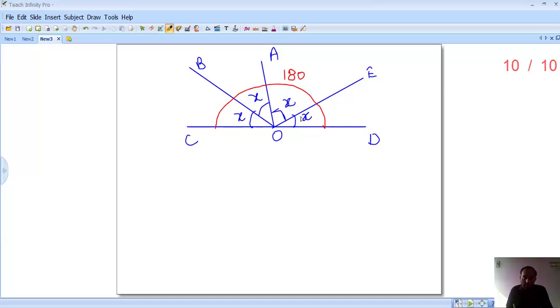Now you can understand from this that all four angles are the same. So that means I need to divide 180 into 4 equal parts. How can I divide 180 into 4 equal parts?